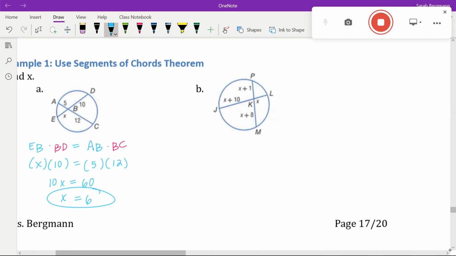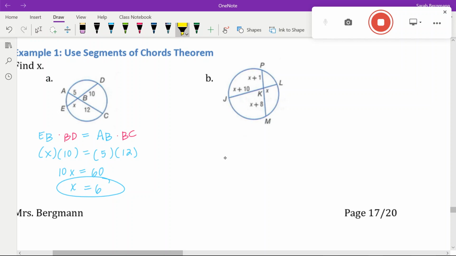Now let's try B. We'll set it up the same way we did before. Look at one chord at a time and find its segments. The segments for this chord are JK and KL. That has to be equal to the other chord. The other chord is chord PM, and its chord segments are PK and KM.